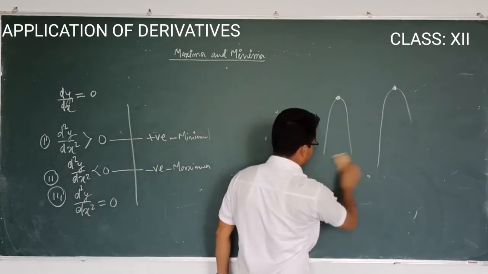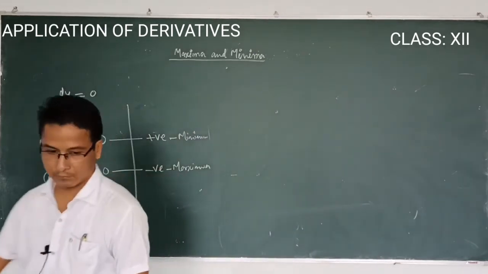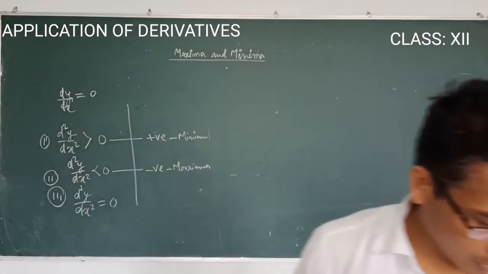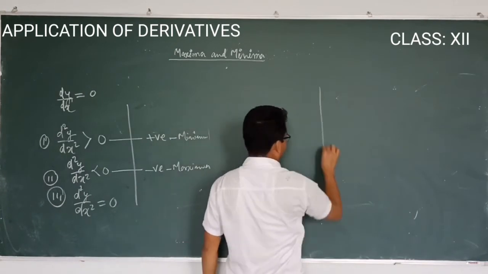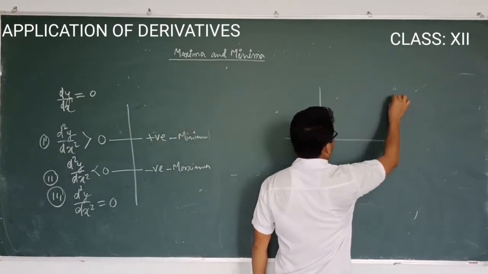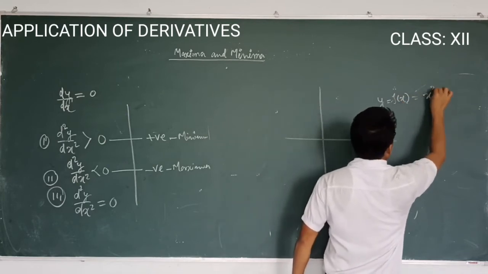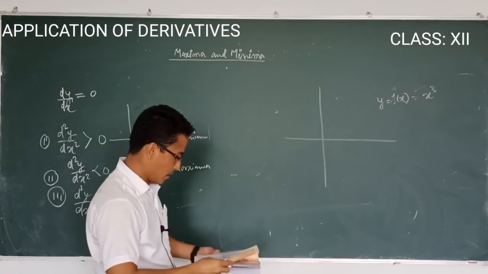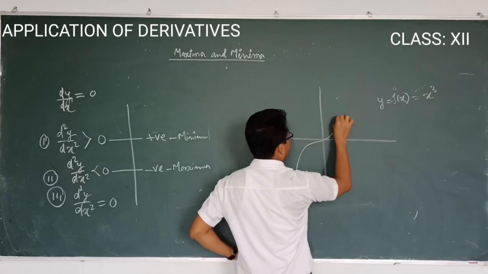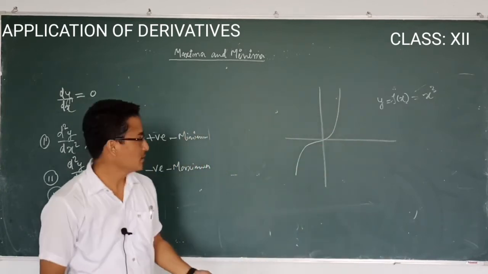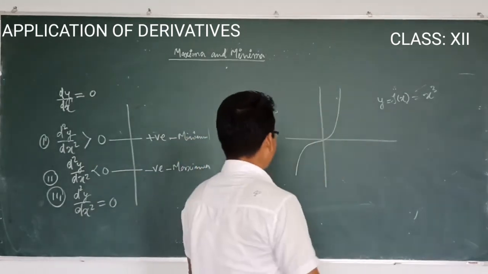If you draw the graph of y equal to x cube, what type of graph will you get? Let's see. If you draw the graph of f(x) equal to x cube, then I will get the curve in this way.